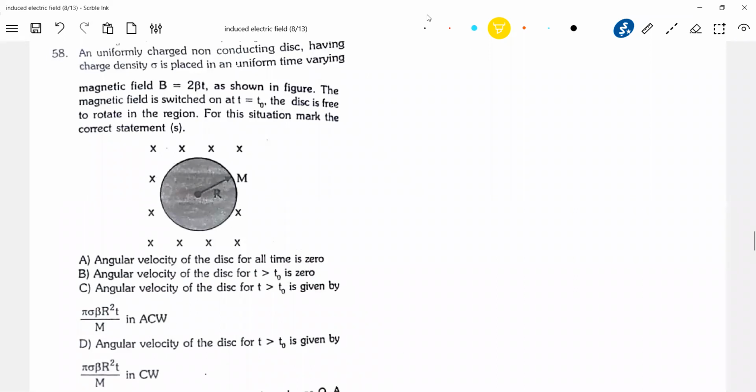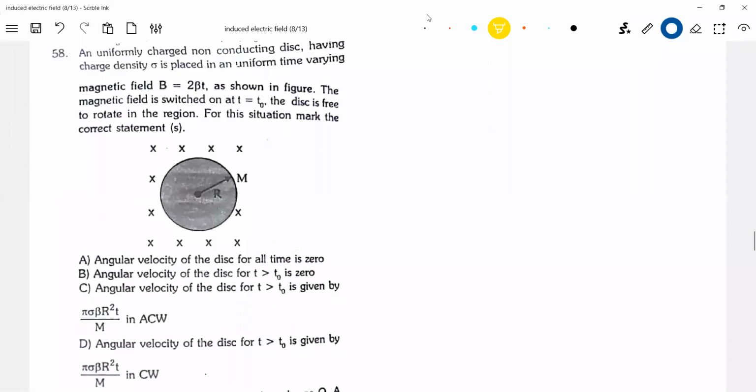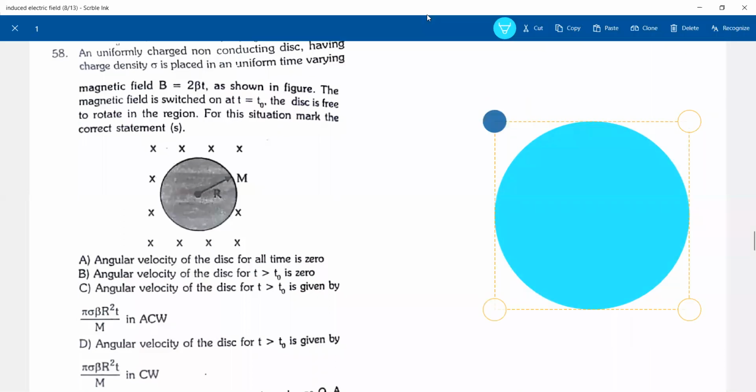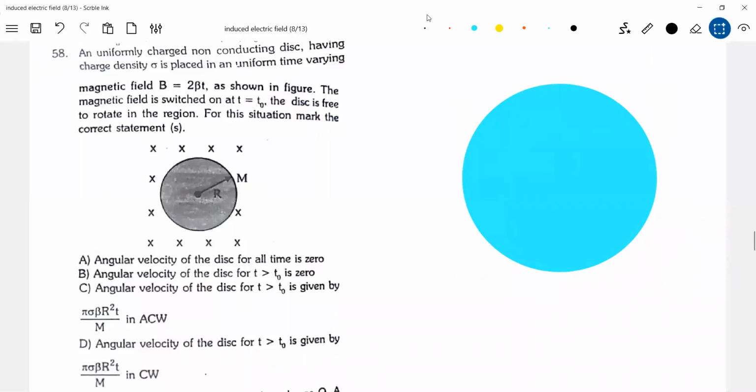So there's a charged disk. It's present in a uniform magnetic field as shown in the figure.